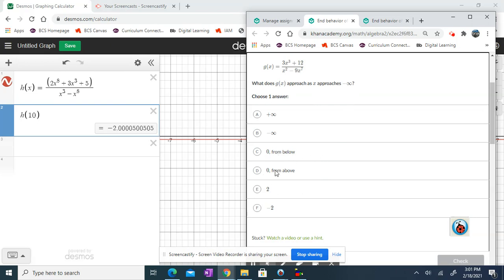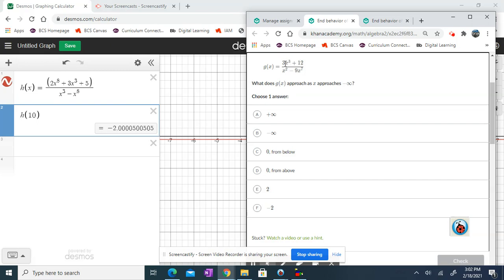Okay. So let's think about this. Now, what are we doing? We're approaching as we go to negative infinity. So we're putting in negative numbers, right? If I put a negative number in here, the whole top's going to be negative, a big negative number.